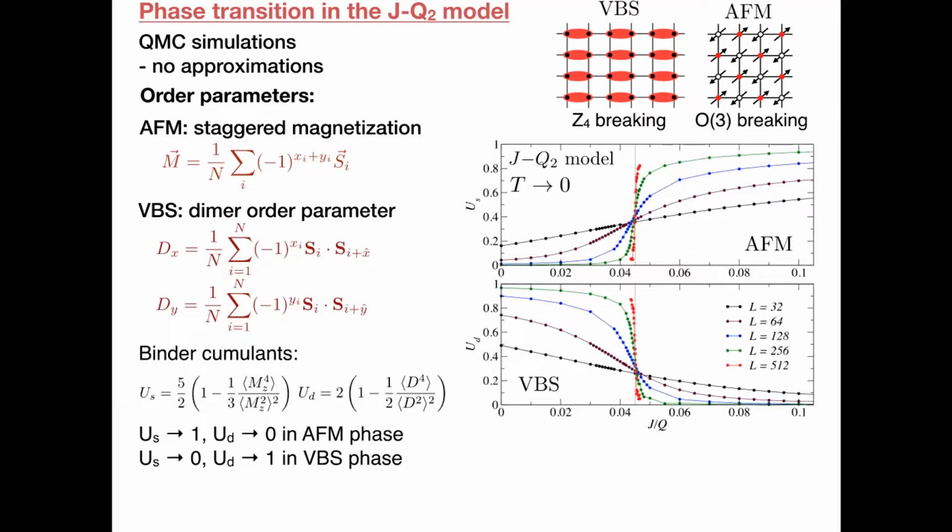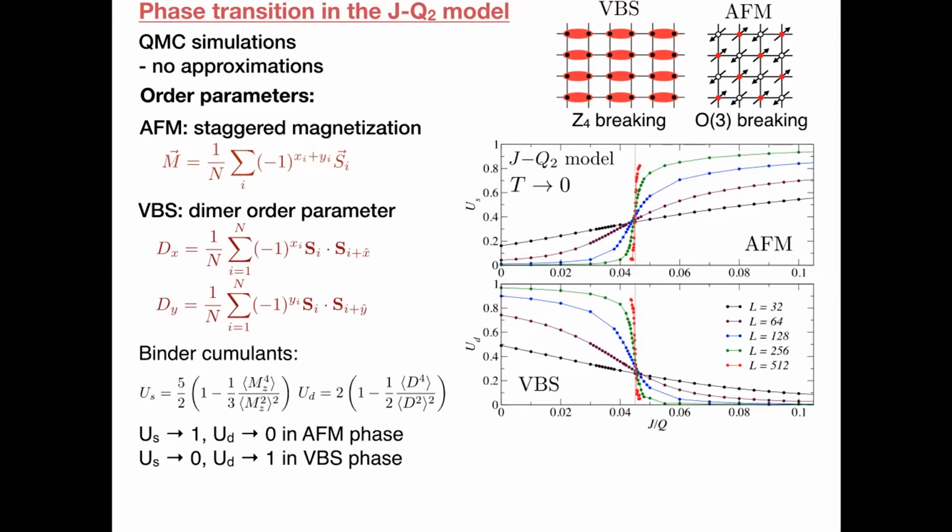These are sort of state-of-the-art results in terms of system size and smallness of the error bar. Let's focus on this one first. This is the cumulant for the AFM order parameter. The system sizes are from 32 up to 512.